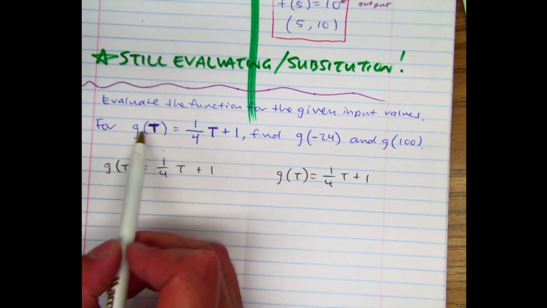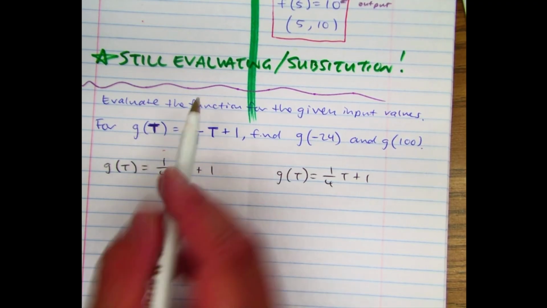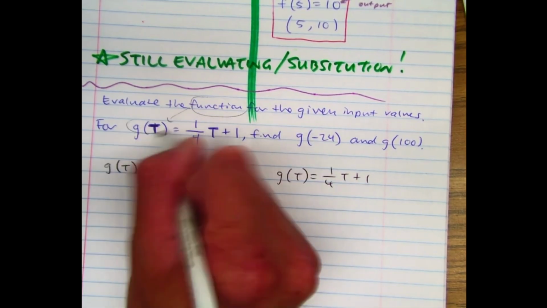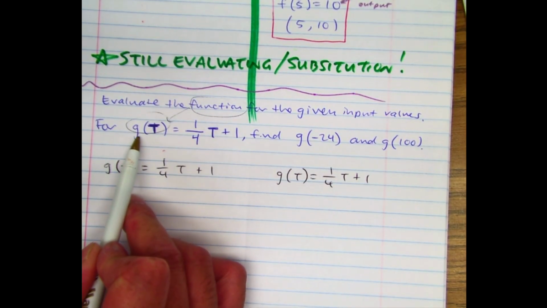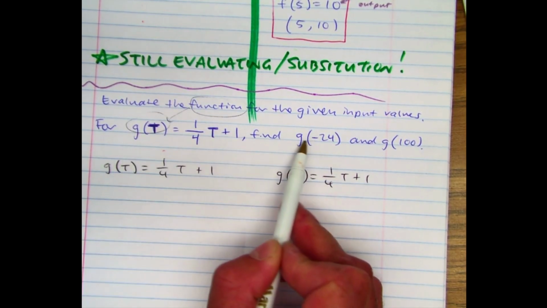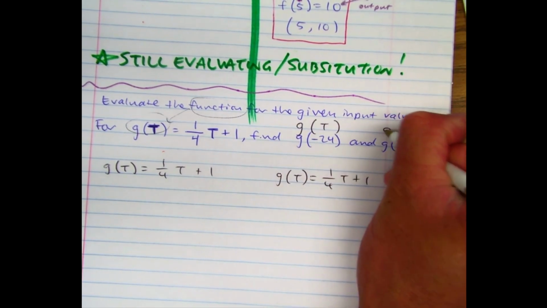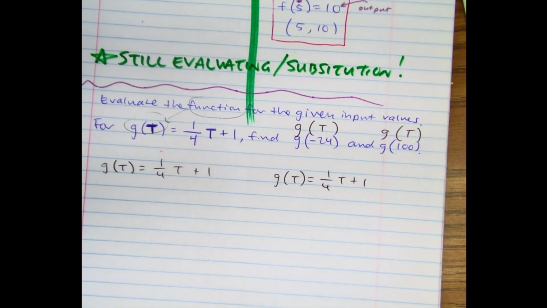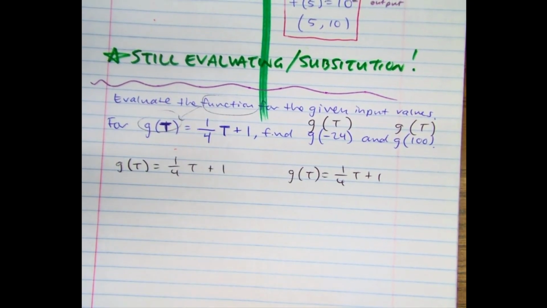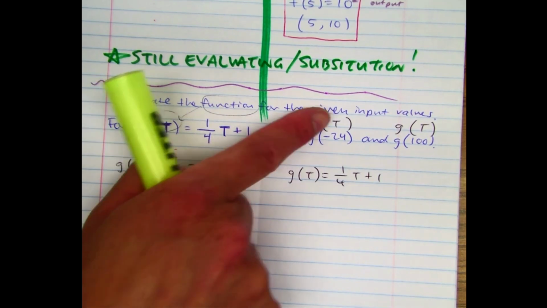That looks kind of weird when you see two letters there. This is your function notation, and this is your hint. So I'm going to write this above my inputs. G of t, G of t. This is the same, this is different.